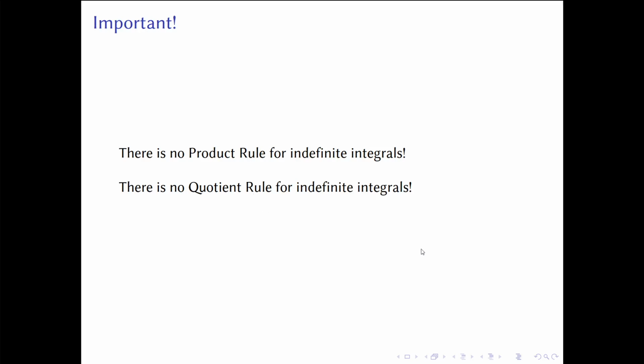But if you knew how to take the derivative of each piece in a product or a quotient, then there was just one rule that told you how to do that for products and one rule that told you how to do that for quotients. But unfortunately for indefinite integrals, because those rules are more complicated, when you're going backwards trying to find the indefinite integral, the situation is much more complicated.